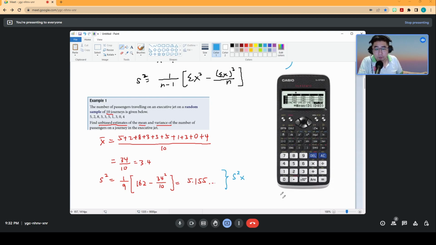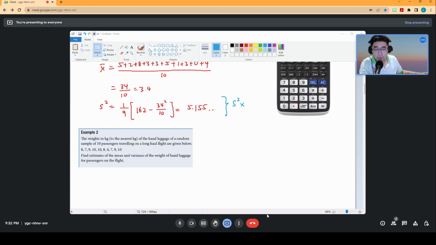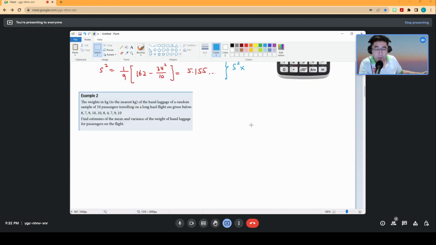Let's look at another example. The weight in kg, to the nearest kg, of hand luggage of a random sample of 10 passengers traveling on a long haul flight are given below: 8 kg, 7 kg, 9 kg, and so on.